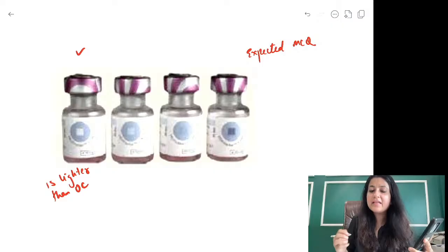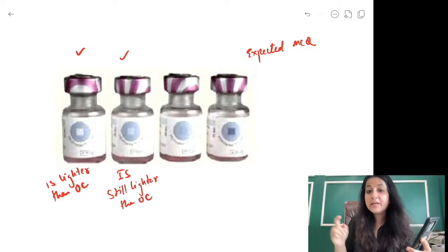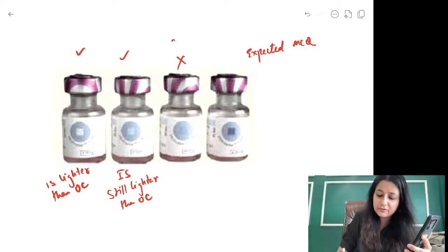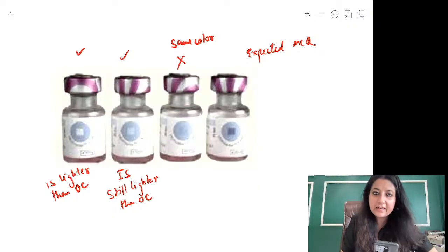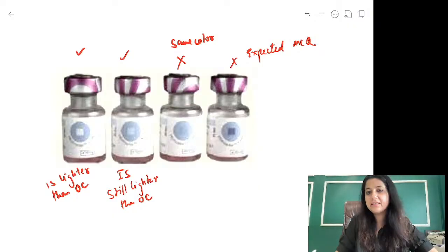If the inner square starts to change color but is still lighter than the outer circle, you will use it. But if the inner square is the same color as the outer circle, you have to discard it, and if the inner square is darker than the outer circle, definitely discard it.